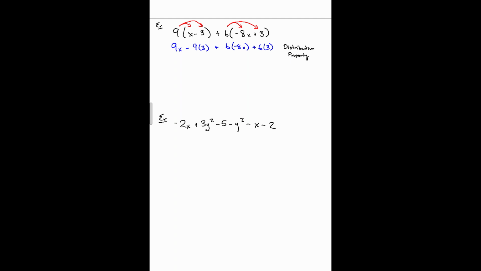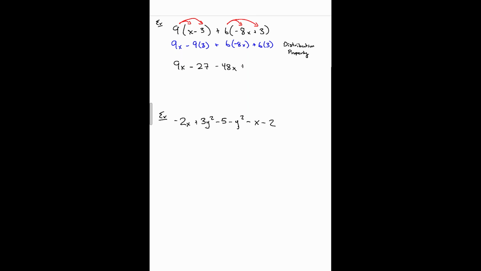So this next step was actually what most people go with. So this would be 9x, or 9 times x, minus 27, minus 48x, because a positive 6 times a negative 8 would be negative 48, and then plus 18. So we multiply it. And then we have some terms we can combine.